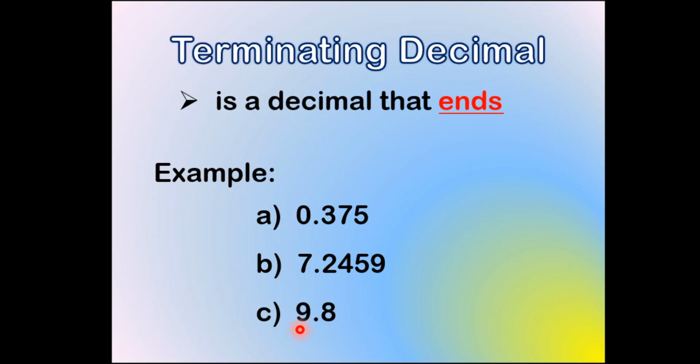Lastly, we have 9.8. This decimal ends with the digit 8. One more time, a terminating decimal is a decimal that ends. So these decimals don't have any numbers after the last digit. So this is the terminating decimal.